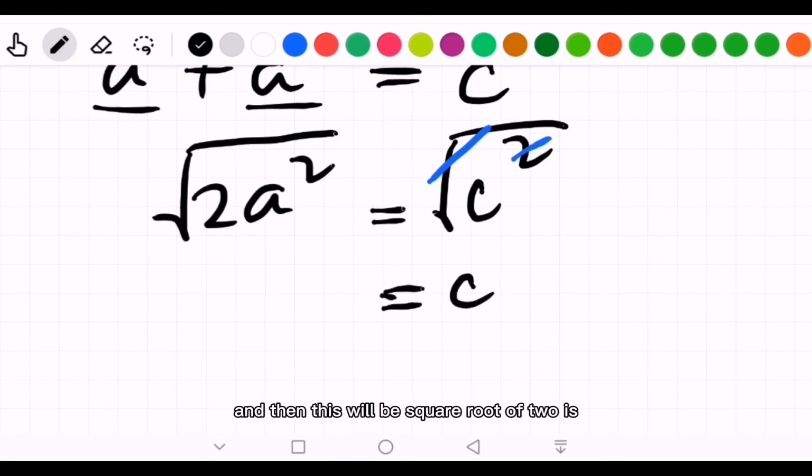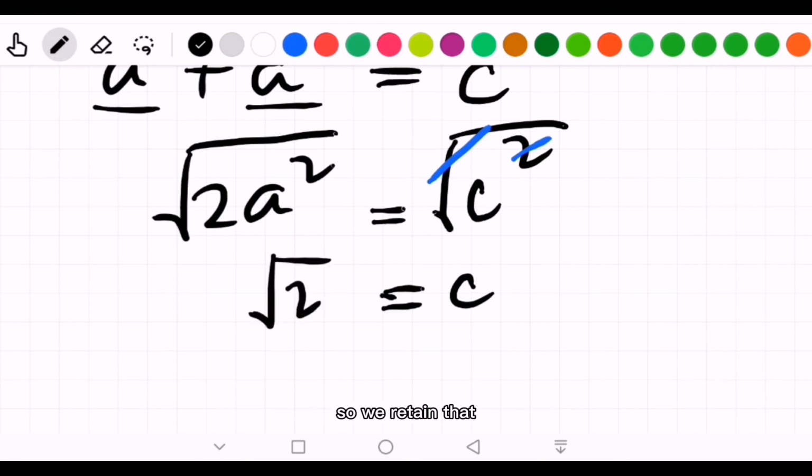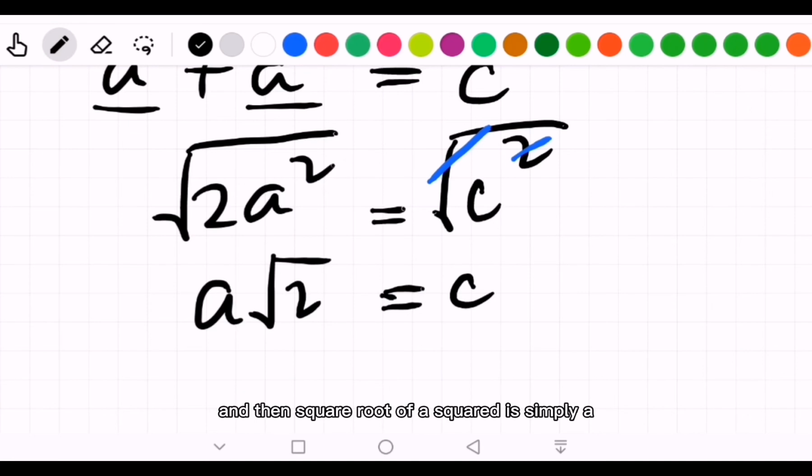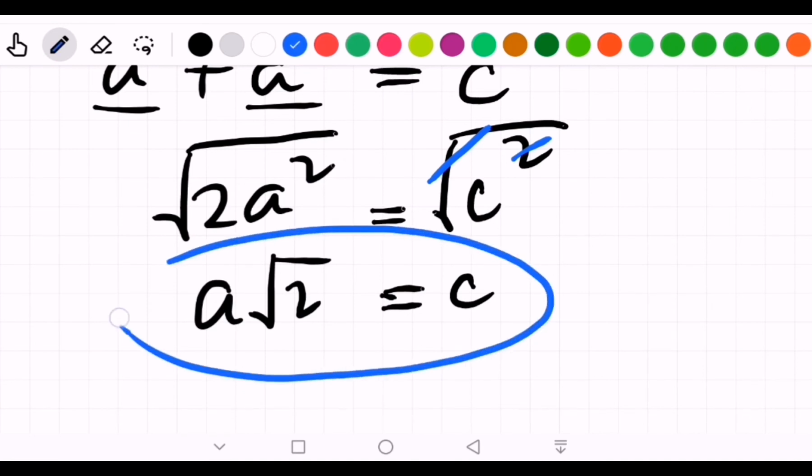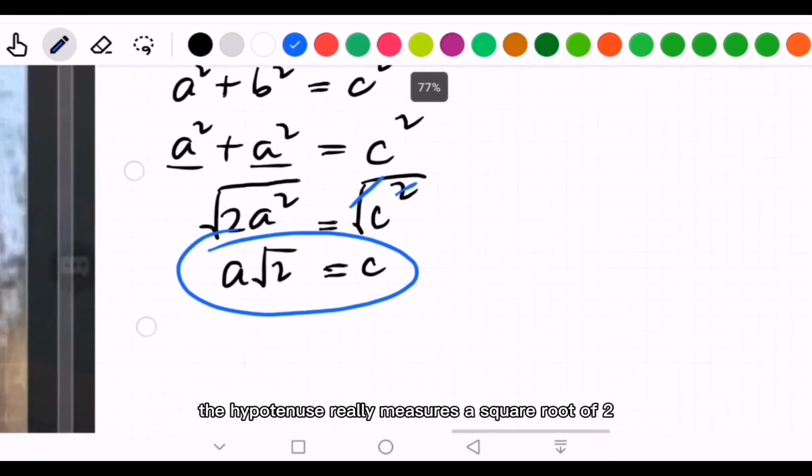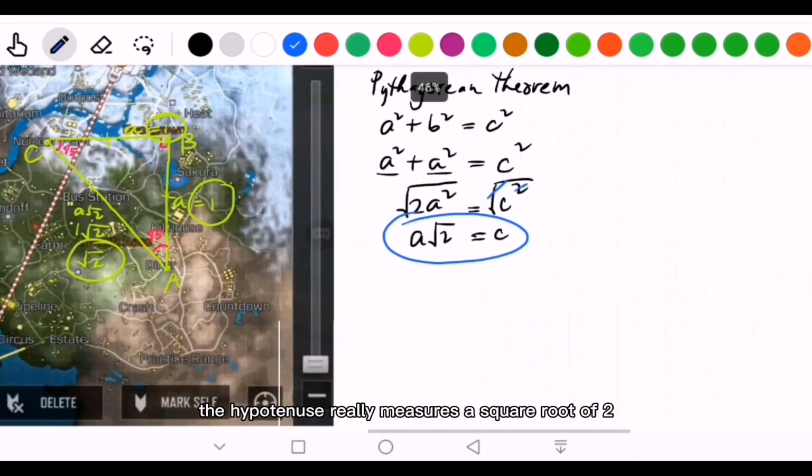Then the square root of 2 is simply square root of 2. Square root of 2 cannot be simplified, so we'll retain that inside the radical symbol. And then the square root of A squared is simply A. So as you can see, the hypotenuse really measures A square root of 2.